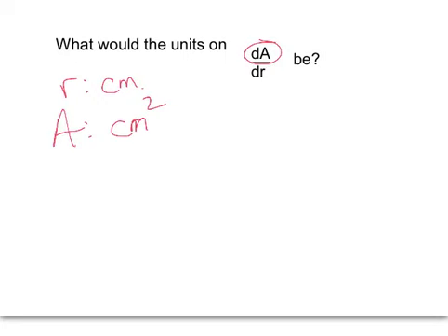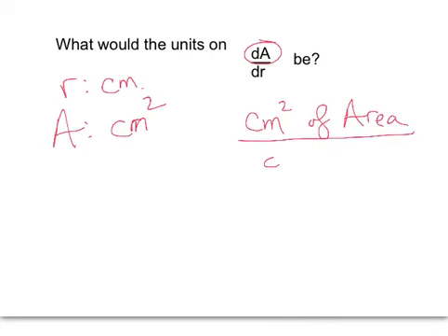So the units would be square centimeters of area per centimeter change of radius. So every time the radius changes by a centimeter, the area would go up by that many square centimeters. And of course, that amount changes depending on where you are on the circle.